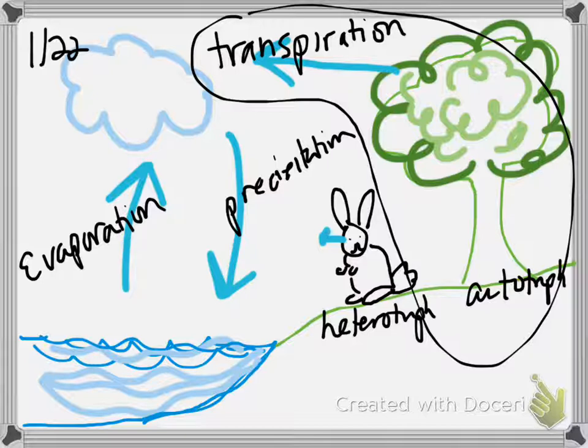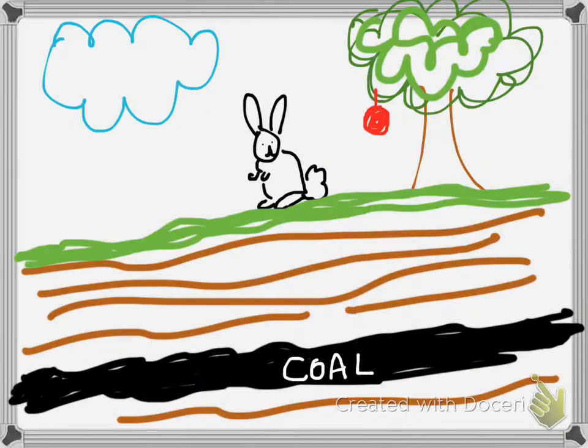So, do you see where this might go on a quiz? You might have 2 questions about the water cycle. You really need to know that autotrophs put water back into the atmosphere through transpiration. That's vital. Okay, so as we talk about the carbon cycle, where do you think a lot of carbon is stored?